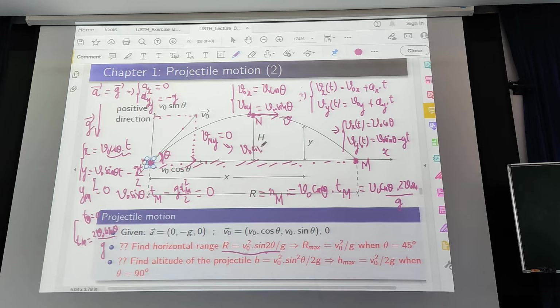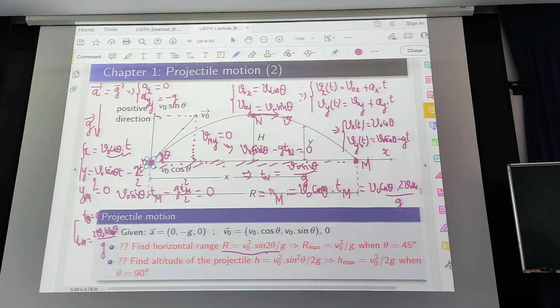V0 sine theta minus g t n equal to 0. And from here he can calculate the time to get to n, equal to V0 sine theta divided by g. And n is y at n, right? Yes, very good.